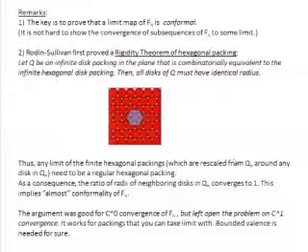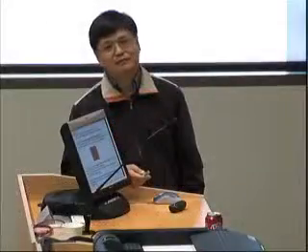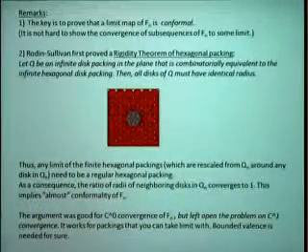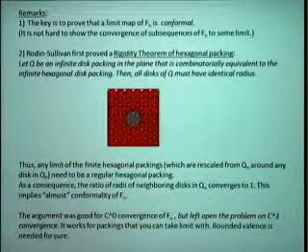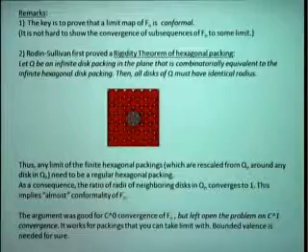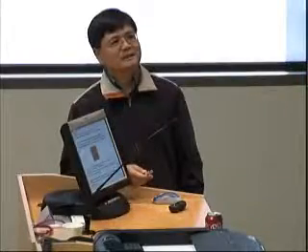So there are a few problems. The first one is to show the limit map is a conformal map. This was first achieved by Rodin and Sullivan, and they proved the rigidity theorem. This is by itself a very interesting theorem, the rigidity theorem of infinite hexagonal packing.